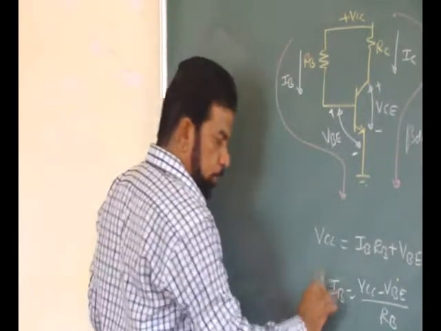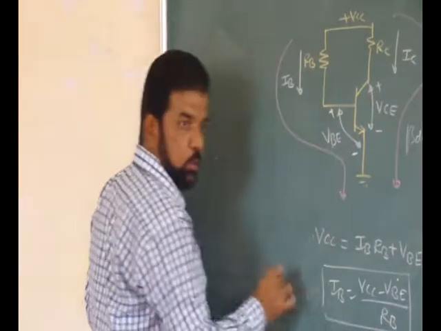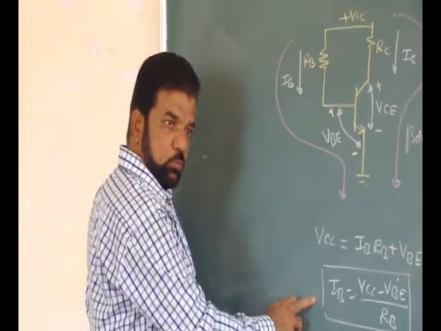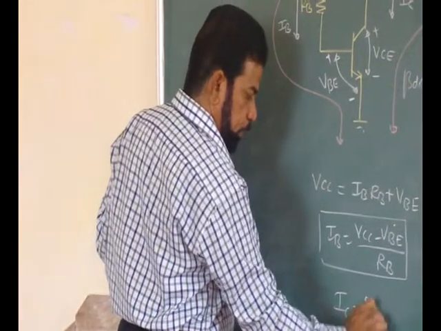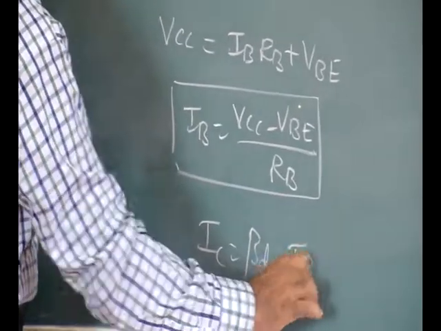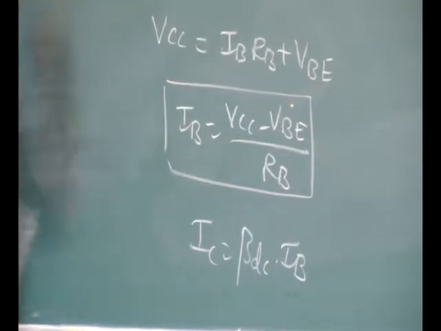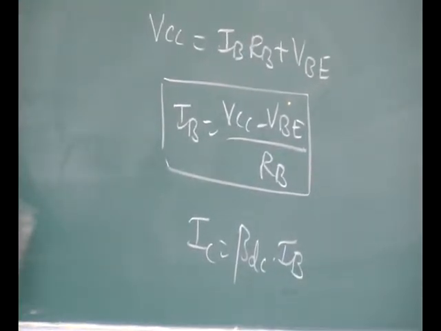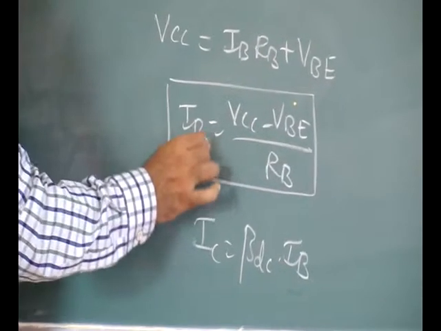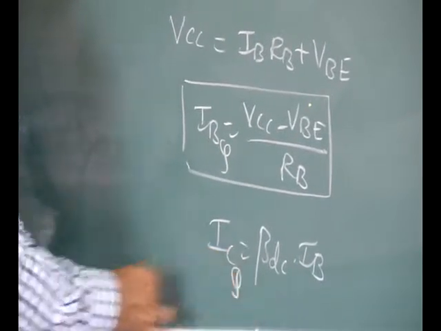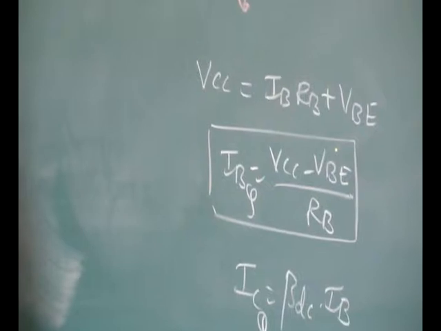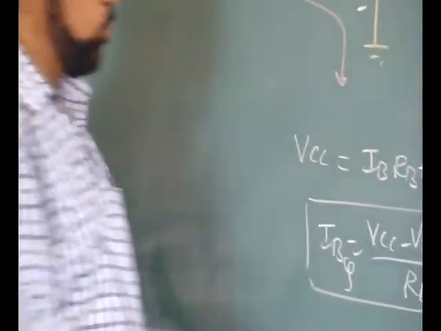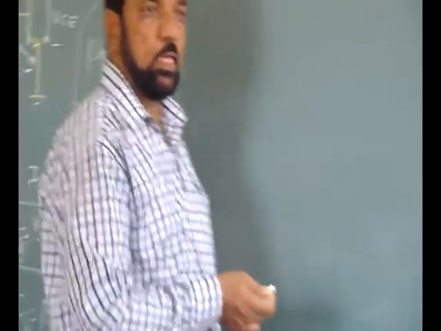So once you have IB, can you have IC now? Yes, because your IC is nothing but beta DC times IB. Since we are analyzing the circuit for DC conditions, finally you can add the Q. So this is just applying KVL to the input side.